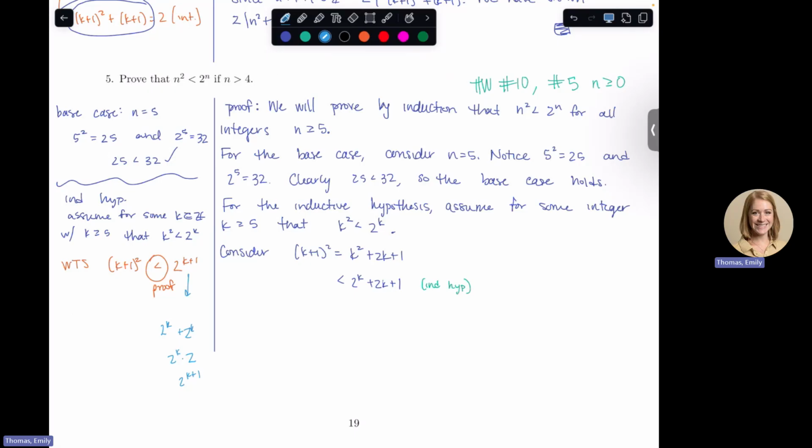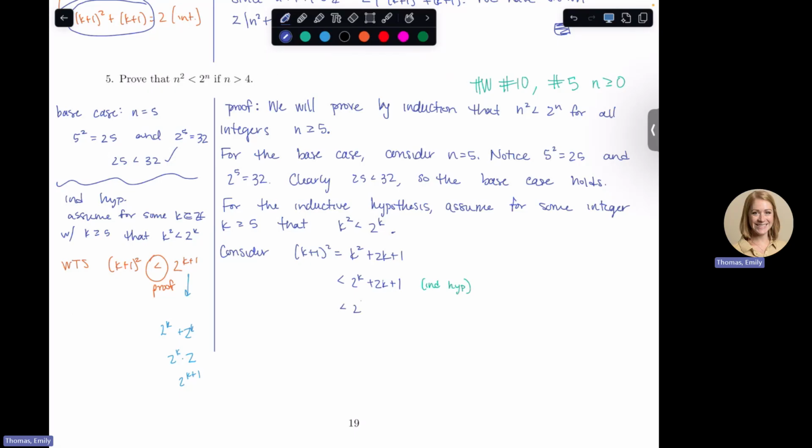I've got some addition stuff happening. This is the part where mathematical creativity comes into play. I have got to make this look like 2 to the k plus 1, which is 2 times 2 to the k, which is 2 copies of 2 to the k. So I'm going to play with this.